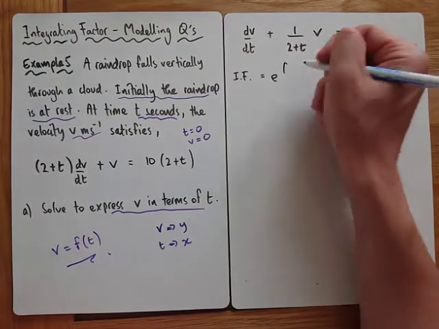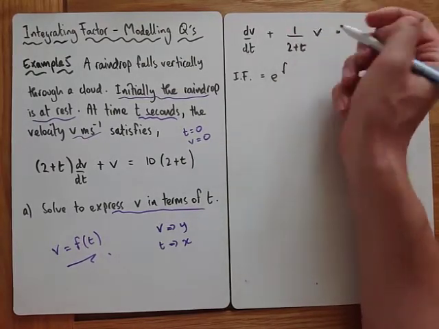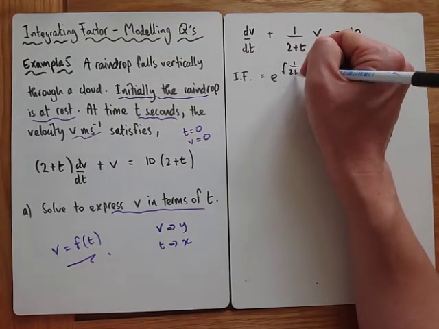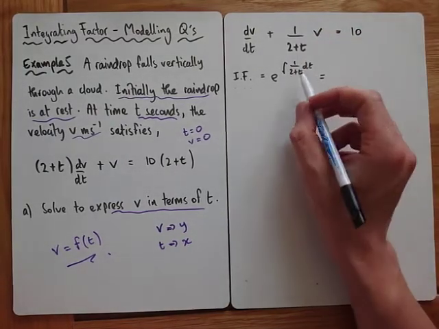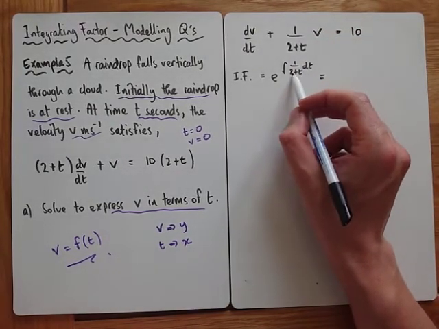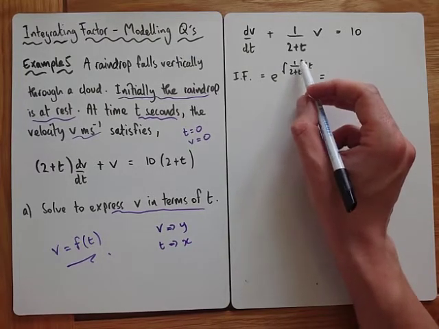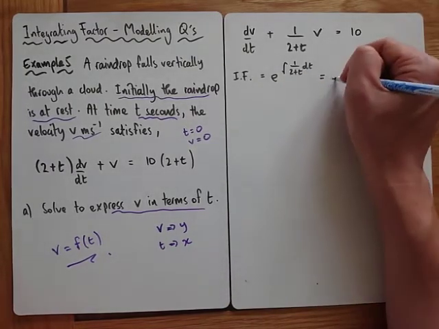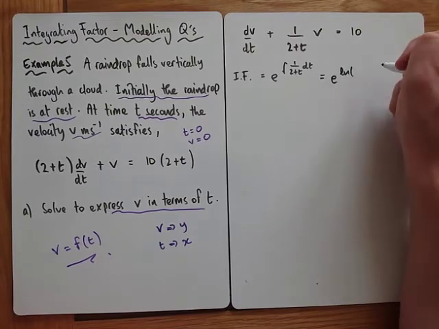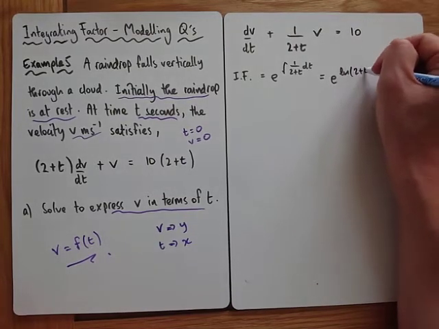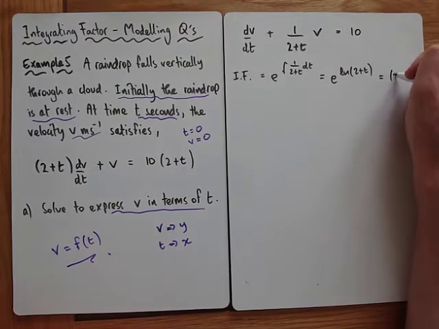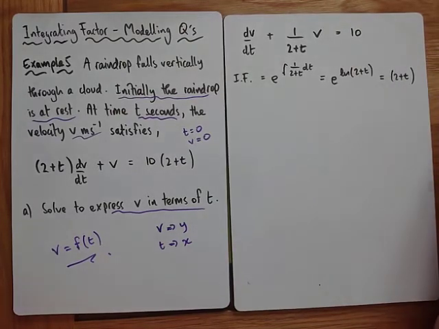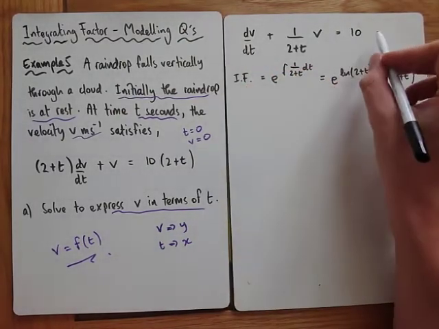So it's going to be e to the integral of 1 over 2 plus t dt. A fraction, differentiate the bottom. If you differentiate 2 plus t, you get 1. The derivative is on top, so this is just straight away into an ln. And then that's really nice because they cancel, and we just get 2 plus t. Once you've found your integrating factor, multiply by it.